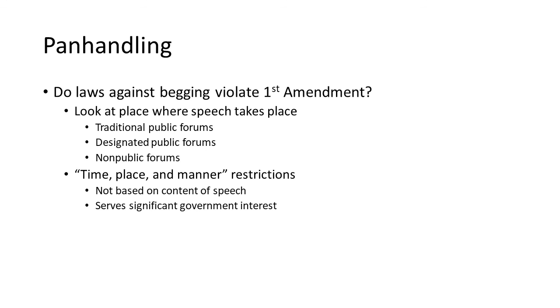It's going to depend on the level of review that the court has to do. Meaning that whole strict scrutiny test is really strict if we're talking about a traditional public forum. They will scrutinize that statute if they are violating conduct that is happening in a park, on a sidewalk.